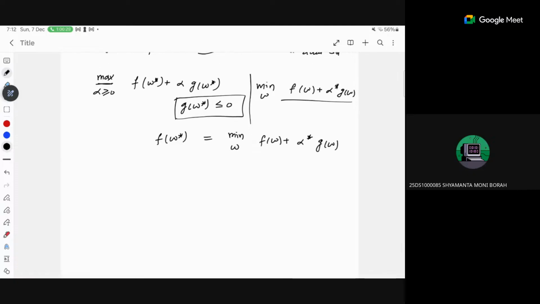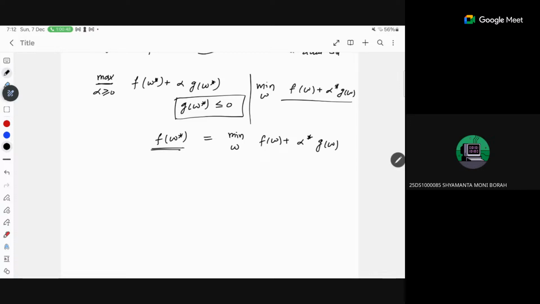But if I put W star here in the right hand side, what will be the value of this function? Will that be equal to f of W star, or less than or equal to, or greater than or equal to? You understand the question?